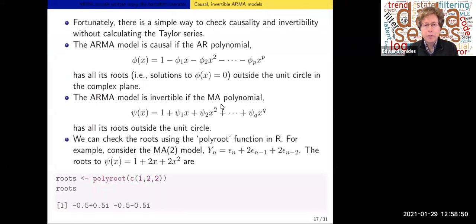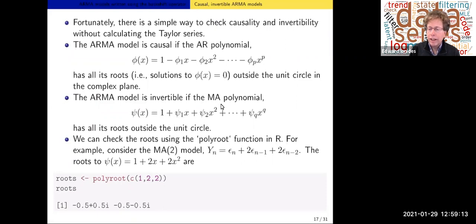You can do that, but fortunately, there's a simple way to check causality and invertibility without calculating the Taylor series, and here's how to do it. I'm not going to say exactly why this is true, but it's something you can think about to try and get some intuition.